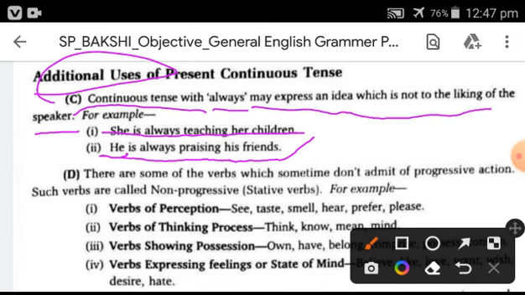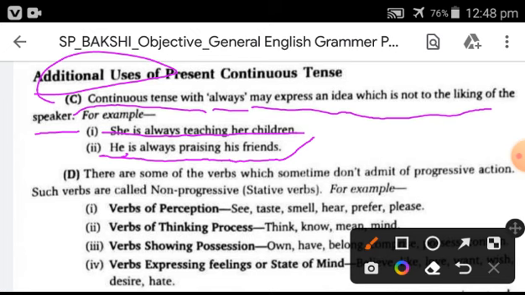Let me take an example for further clarification of this topic. Suppose someone is praising his friend too much and you don't like his or her praising, but he or she keeps praising his friend. Then someone meets you and talks to that person, and you say what?